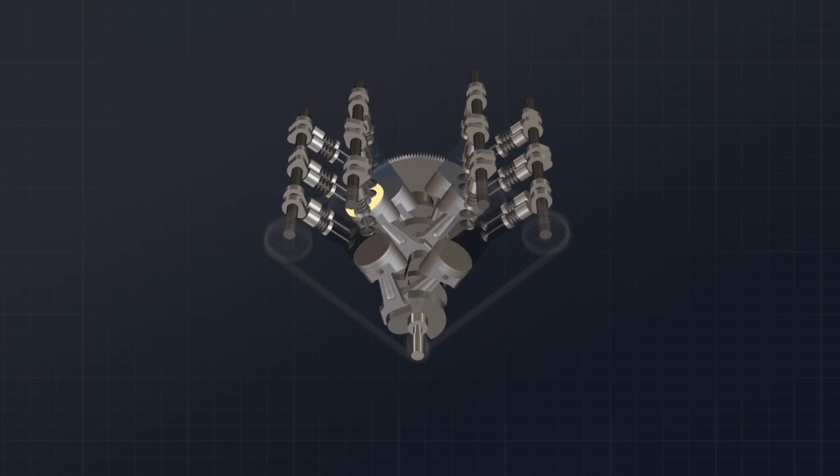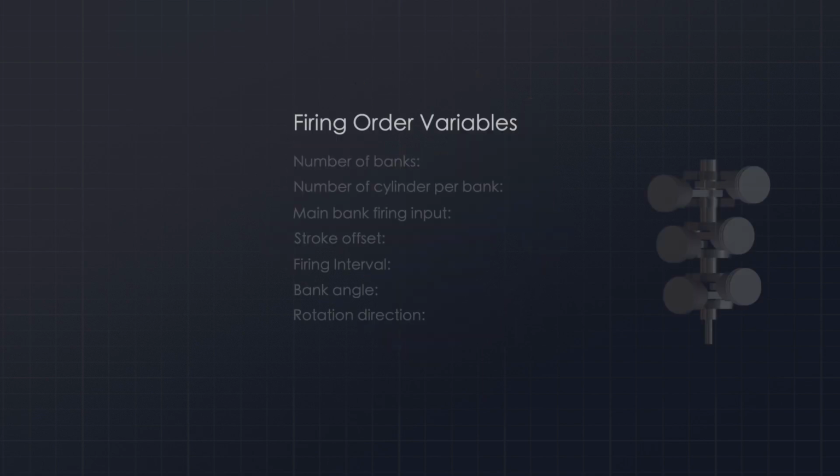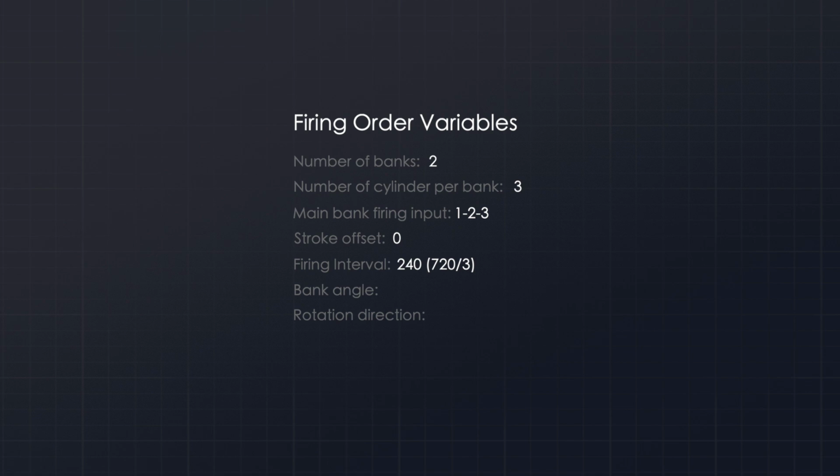So we have the following variables involved. We have 2 banks, we have 3 cylinders per bank. Our main bank firing order input is set at 1, 2, 3. We don't offset to the next stroke, so we don't have a 360-degree delay before firing the next bank over in the row. The firing interval is just set to the default, which you can change in the node controls.